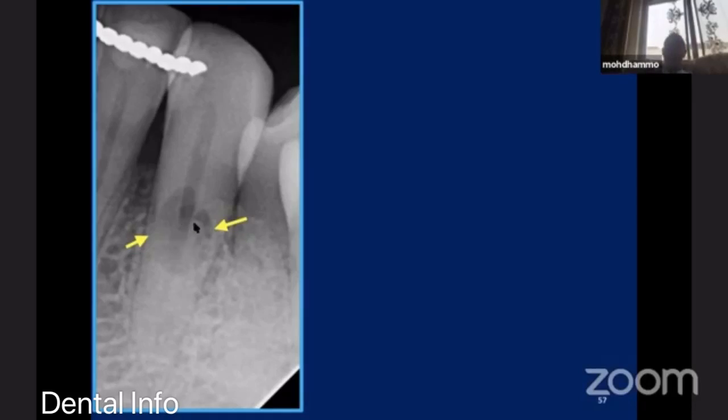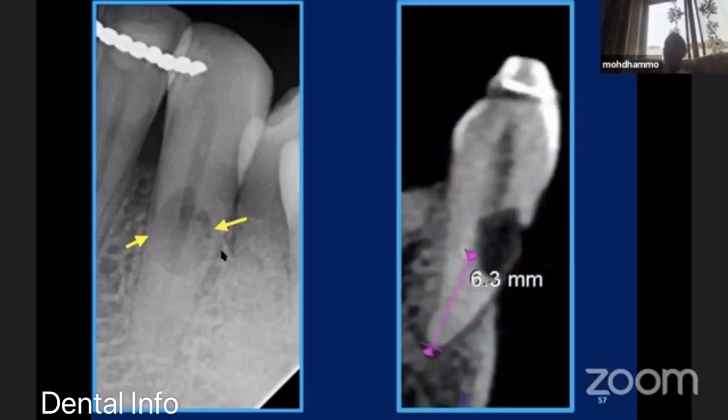I will ask him, please, I need CBCT, small field of view for this tooth to differentiate and to know the proper diagnosis. And every time I take CBCT, sometimes I was shocked because like this case, we have a resorption here, and this resorption caused the perforation of the tooth. So don't rely on two-dimension X-ray, and if you have resorption, think always about the CBCT.